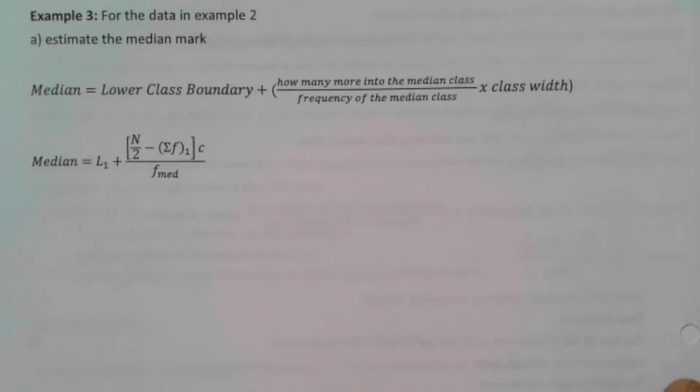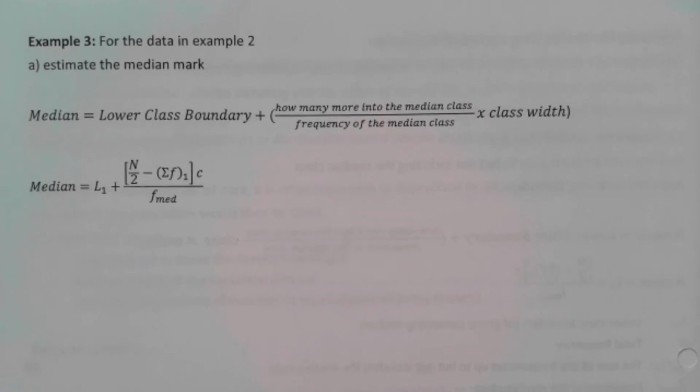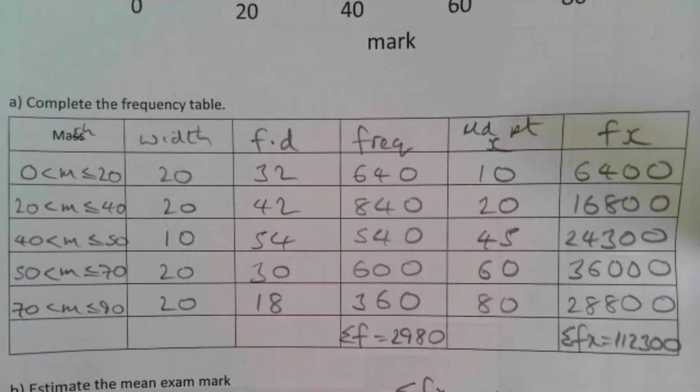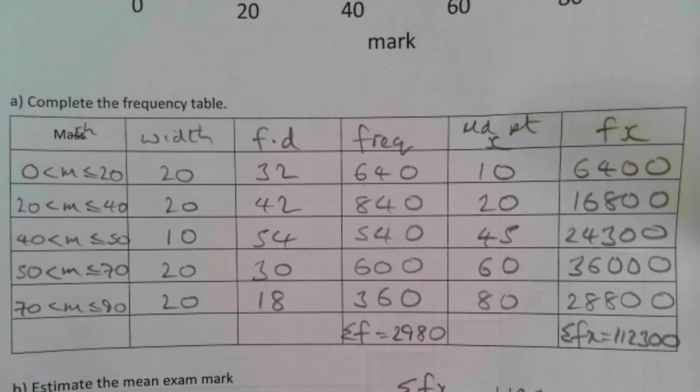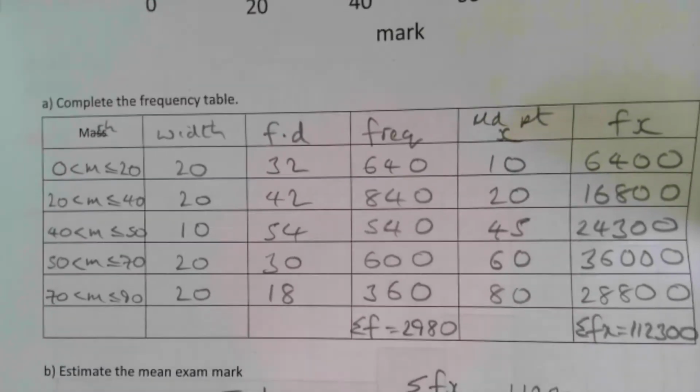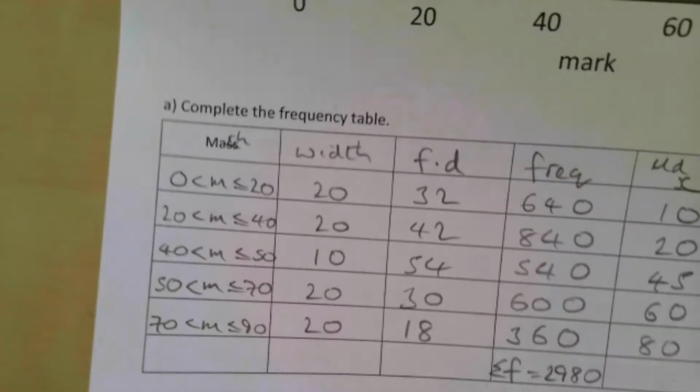For the data in example 2, estimate the median mark. So we're going to do it for example 2, and here was our example 2 from previously. So that's what we're going to try and do. Goodness me, the numbers are a wee bit awkward here, but we'll see how we get on.